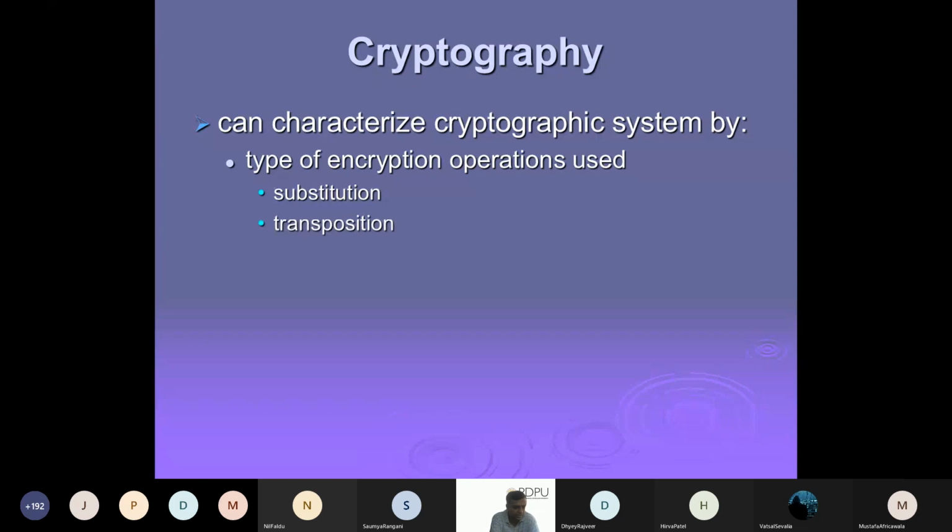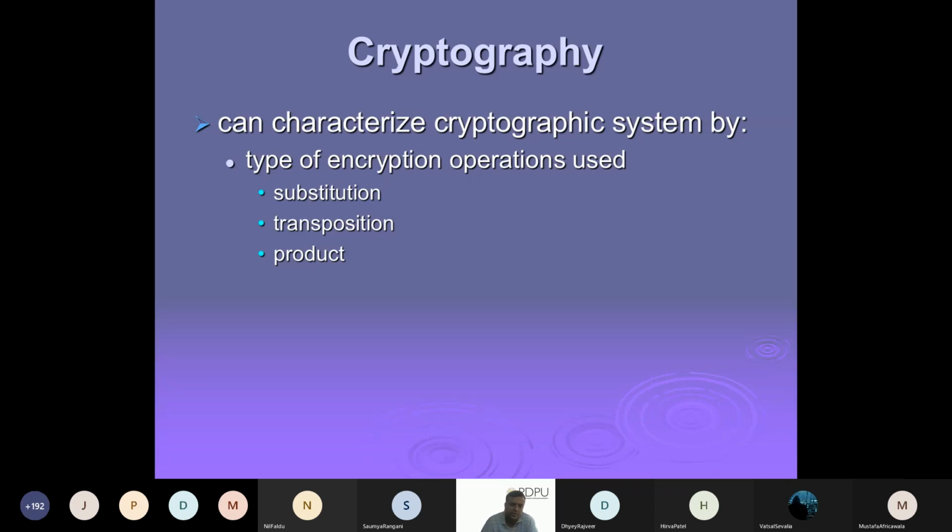The second thing is transposition. It means you change the letters here and there, garbling the sequence. Like if I take students when they are coming into a class, they are not sitting in roll number order, they are sitting as they like. That is one kind of permutation.